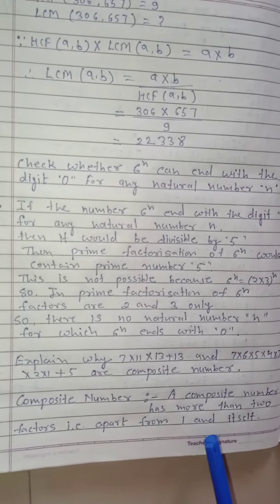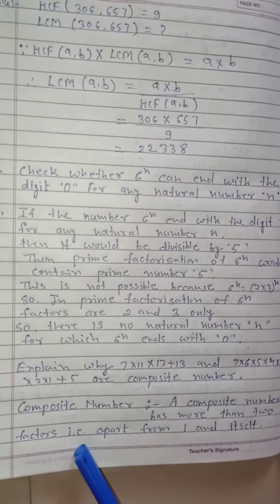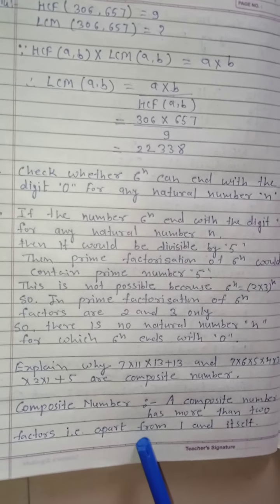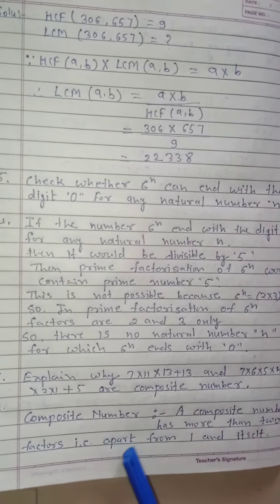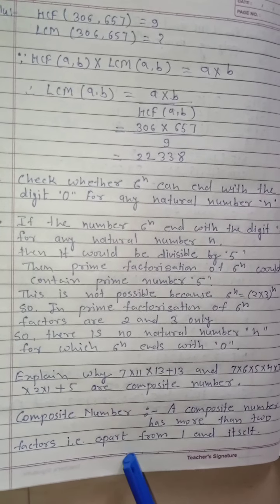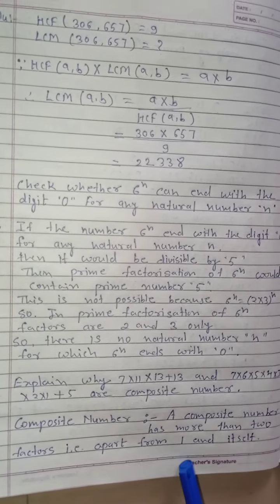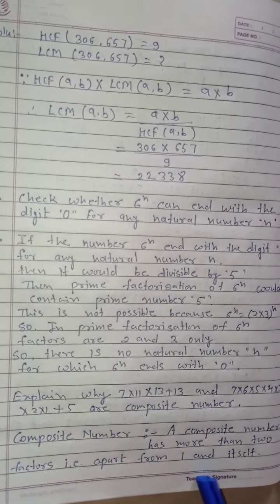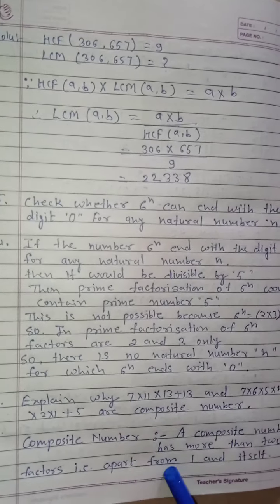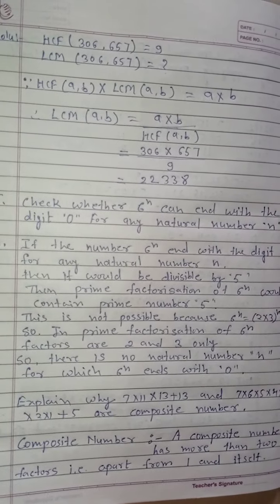A prime number has only 2 factors, 1 and the number itself, and a composite number has factors 1, itself, and apart from these it has more factors. Therefore, a composite number has more than 2 factors.